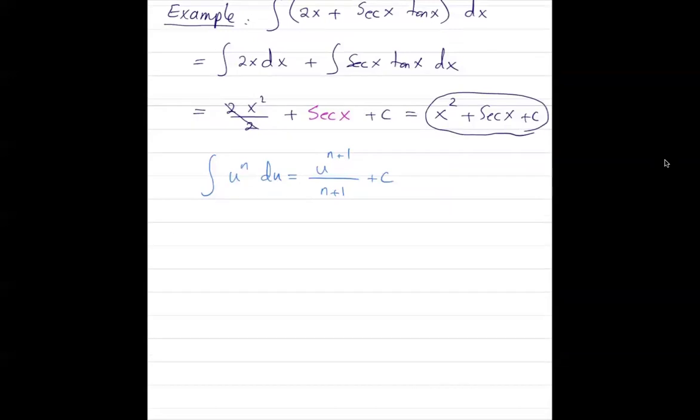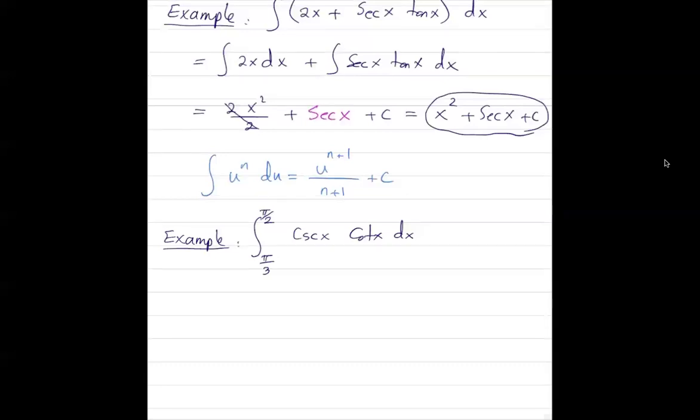Another example for you. Suppose we're interested in calculating the definite integral of cosecant of x times cotangent of x dx as x bounded between pi over 3 to pi over 2.